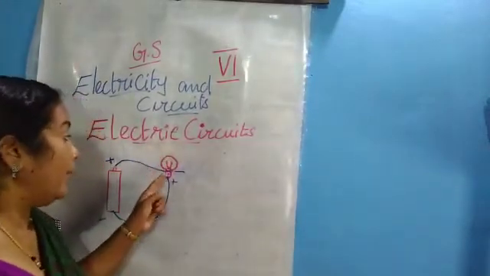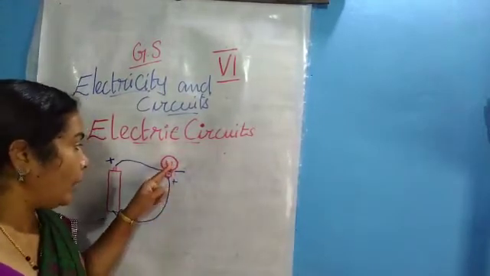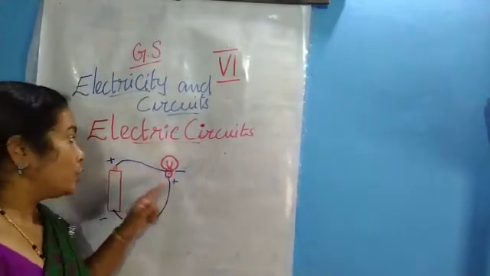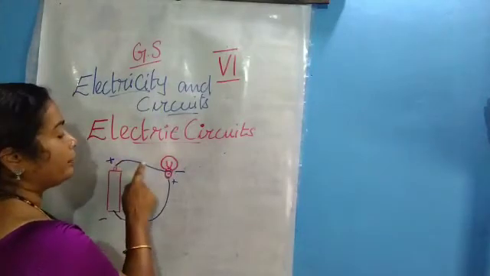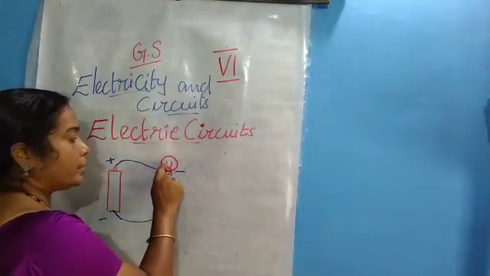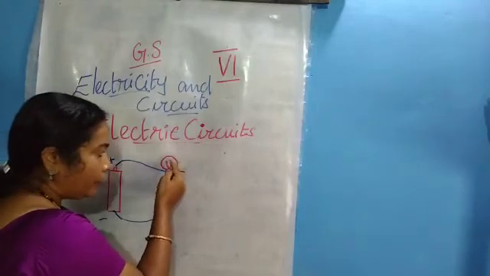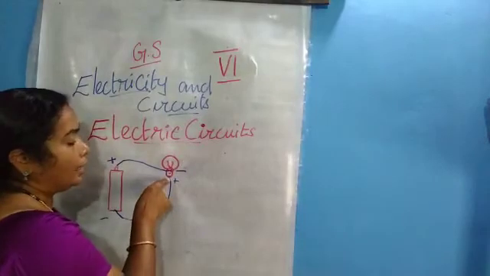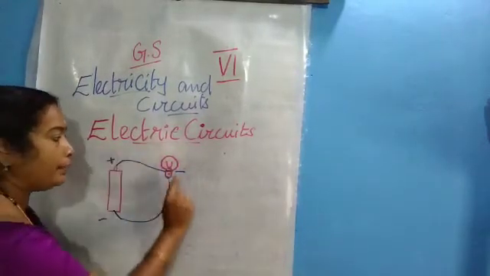I already told you that inside the bulb, one wire is connected with one terminal and the other wire supporting the filament is connected with the other terminal. So inside the bulb also the current goes from one terminal and reaches the wire and flows through the filament. Then it comes back to the other terminal at the other end of the bulb, and then again reaches the battery. This is the complete circuit.